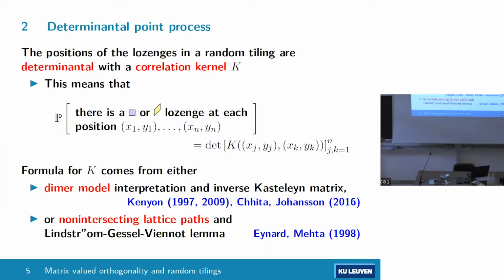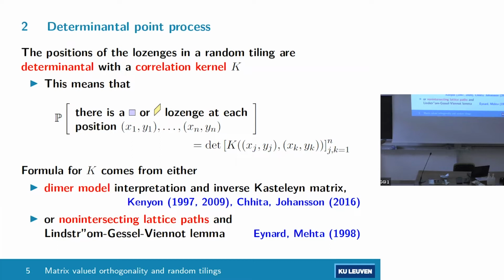Cohn, Kenyon, Propp, and Johansson also in several works start from this point of view and try to say as much as you can about this inverse Kasteleyn matrix, in particular getting asymptotics in an appropriate limit. Another approach is by considering this tiling problem of a hexagon in terms of non-intersecting lattice paths, and there is a way to count such paths by means of a combinatorial lemma called the Lindström-Gessel-Viennot lemma.